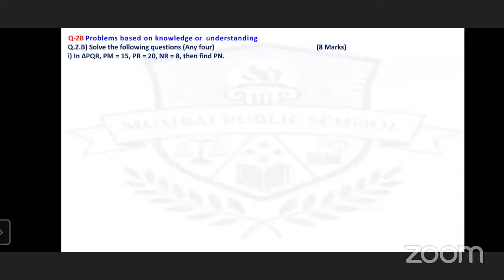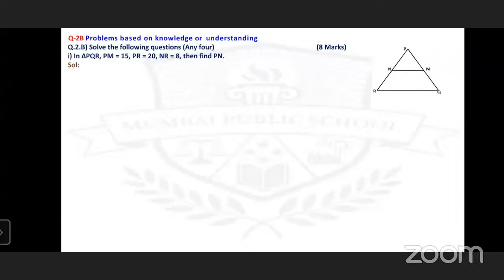NR is equal to 8, then find PN. Okay, so in this question, a triangle is given. The triangle is PQR, PM is 15, PR is 20, NR is equal to 8, and you have to find PN. So see the figure. PR is 20 and NR is given, then we find PN easily.